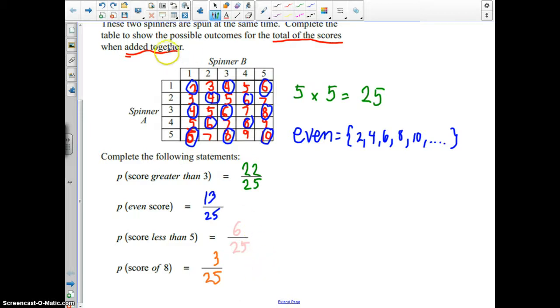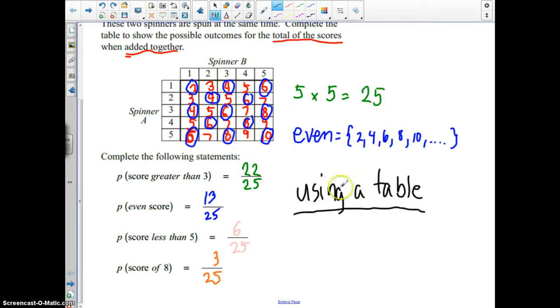So again, you can use a table to find out all the possible outcomes. This method for the probability of 2 events is called using a table. Okay, this is the method that we've used.